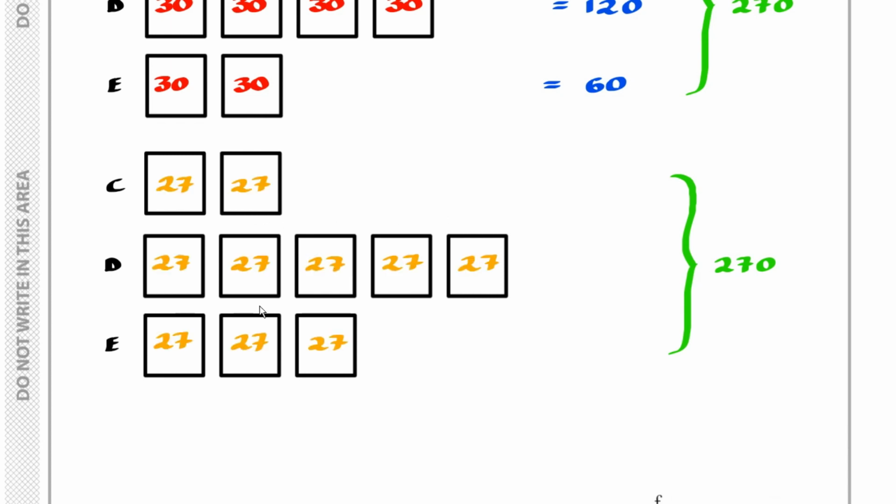So each part is worth 27. So C has 2 times 27, which is 54. D has 5 times 27, which is 135. And E has 3 times 27, which is 81.